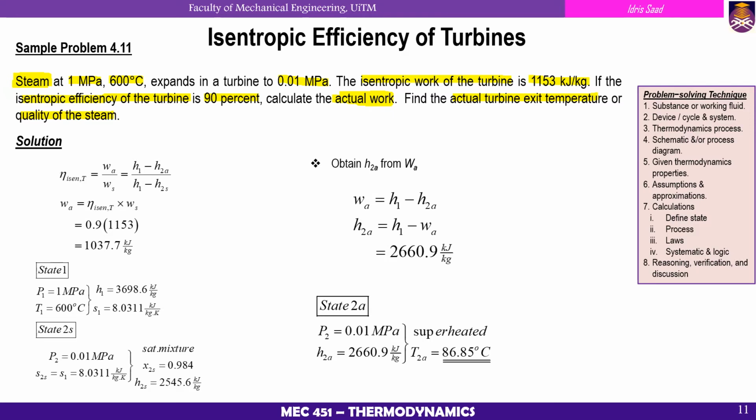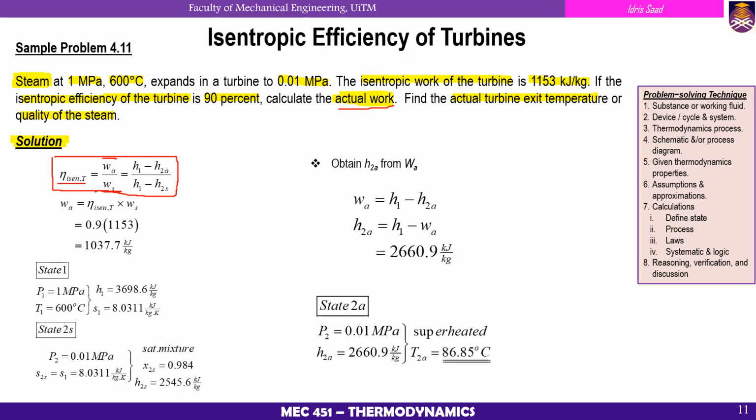The first one is to solve for the actual work. Based on the equation of the turbine efficiency, the isentropic efficiency of the turbine is equal to the actual work divided by the isentropic work.